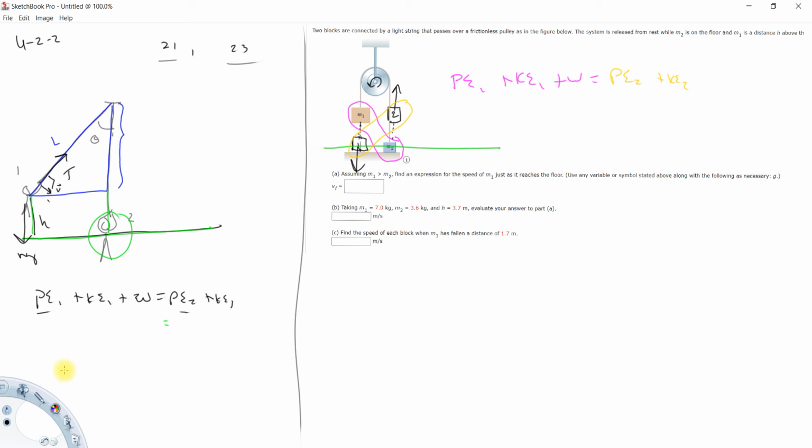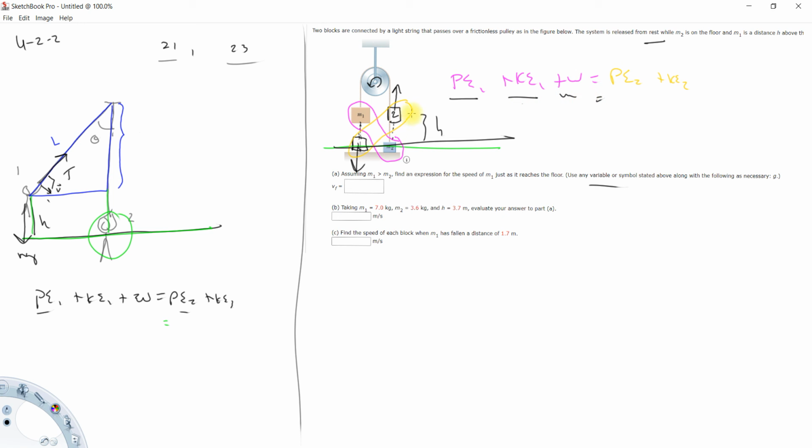Putting your datum here, this guy will have a potential energy under the PE1. And the problem is asking you to do this algebraically, where it says use variables or symbols. So I would call this just a height. So mass 1 will have a potential energy under the PE1, but mass 2 won't. The KE1, I'm sure one of these systems starts from rest. That'll tell you something about the KE1. I'll talk about that work term in a minute.